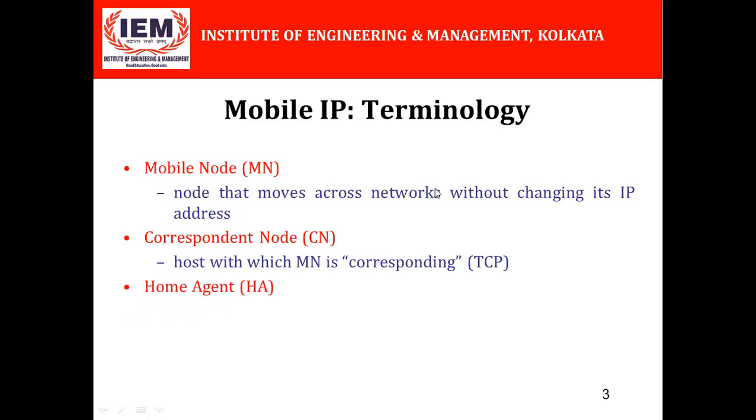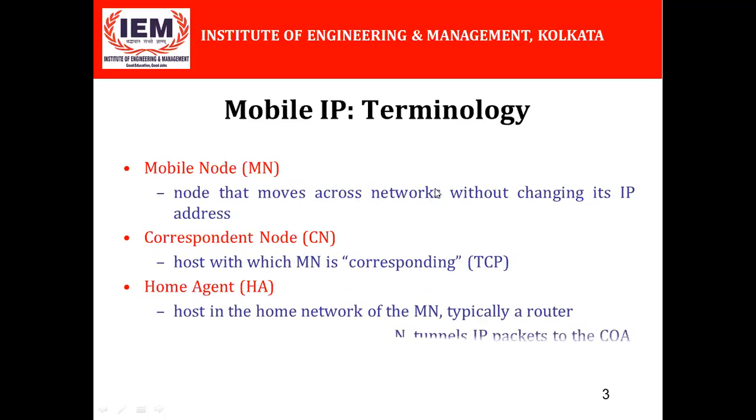Any agent, as I already showed in the previous figures, is some router. But what kind of router is it? It is the home router to which the mobile node is actually connected, a host in the home network of the mobile node. Next, it can register the location of the mobile node and tunnels IP packets to the care-of address.